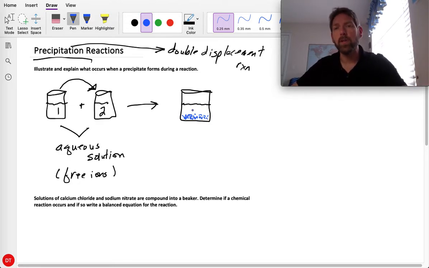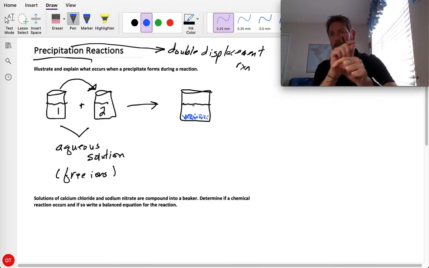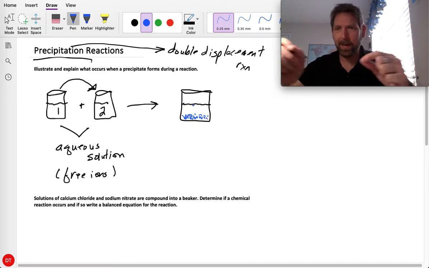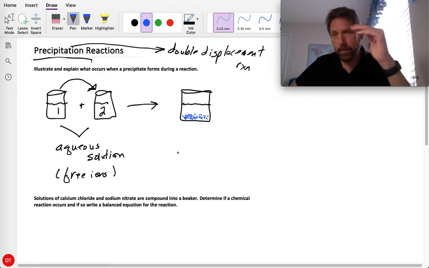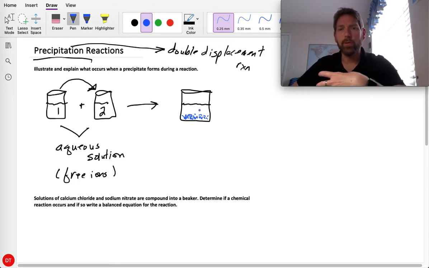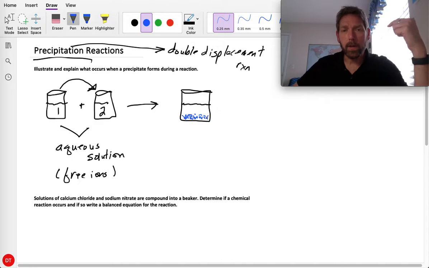Eventually the reaction stops, all the molecular motion of the solutions mixing and particles bouncing off the inside of the beaker settles down, the water looks still, and you'll see all these particles at the bottom. I just chose the color blue so that you could see a difference. This right here would be your precipitate.